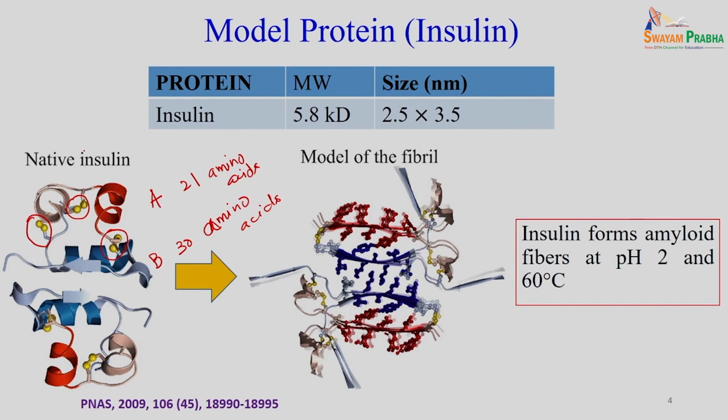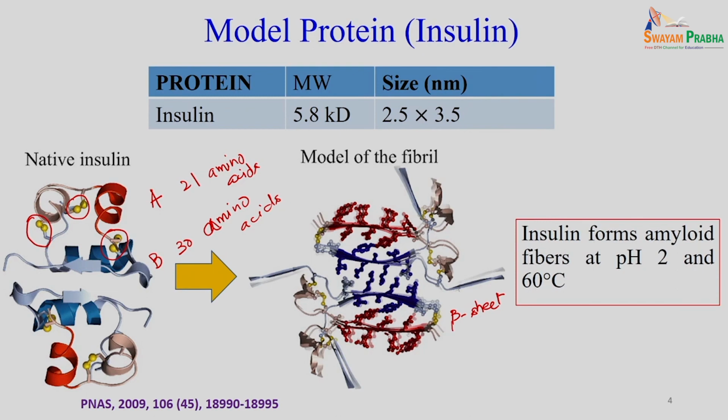Now, as we discussed, when aggregates form, the beta sheet or hydrophobic patches of the insulin molecules interact with each other to form a zipper structure, and this zipper structure is rich in beta sheet, and that leads to the aggregation of the protein.